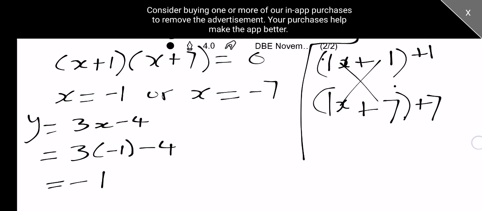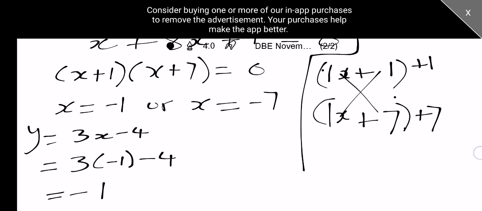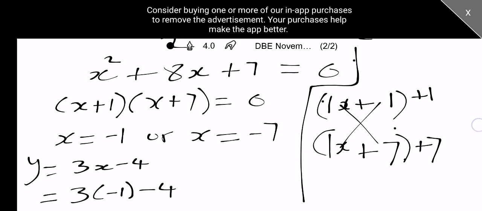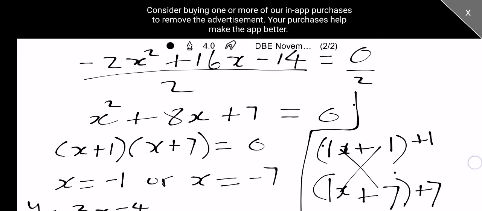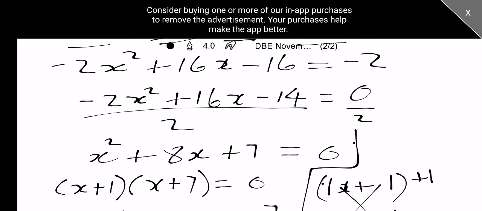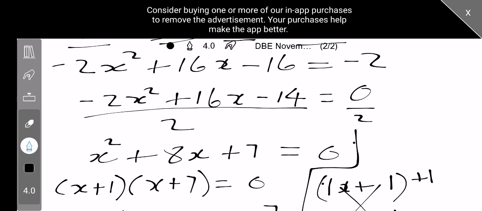Sorry guys, I think I must have made a mistake again here. Yes, I made a mistake here. It is not supposed to be positive 8.